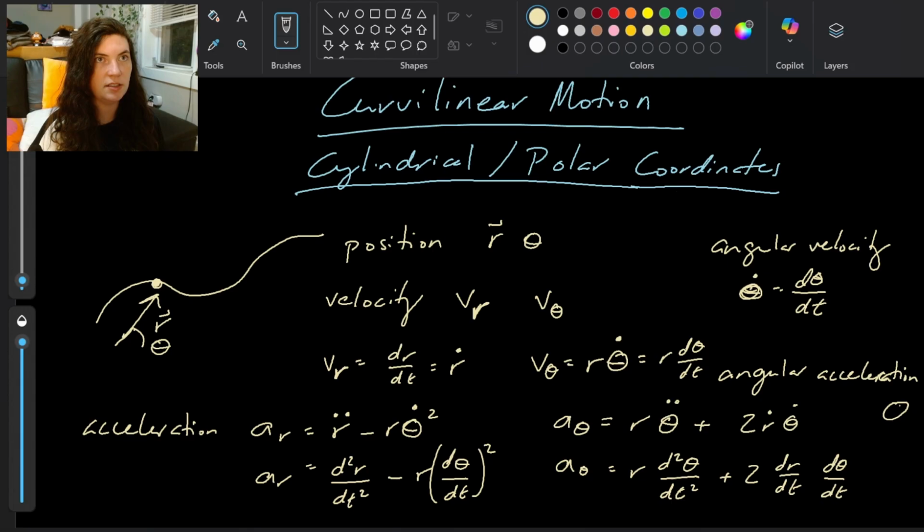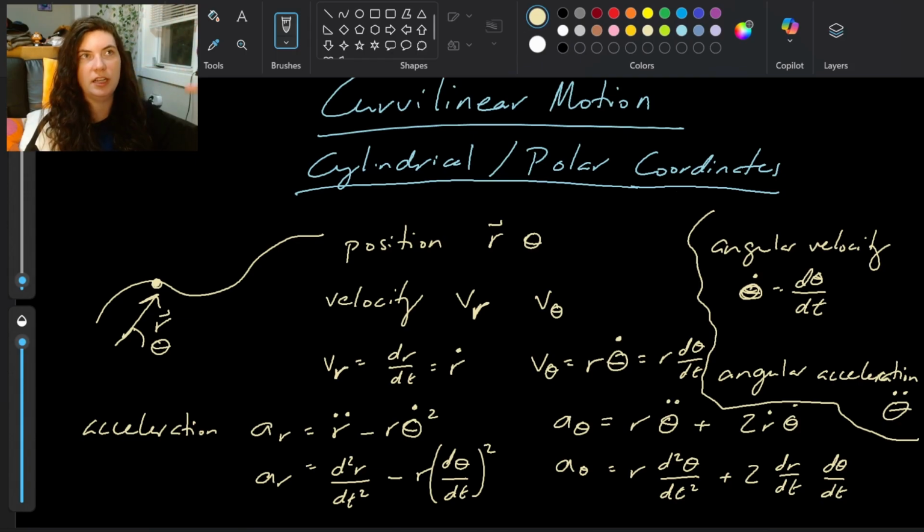Where theta double dot is our angular acceleration. So when we have angular velocity or angular acceleration, it's a really big tip-off to use some combination of these equations. Usually you're given some kind of r equation or theta equation, or some combination of them, that we just take derivatives of, plug values into, and then solve for whatever acceleration or velocity components we're interested in.